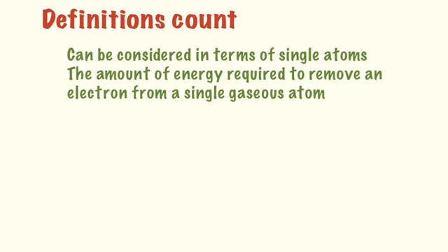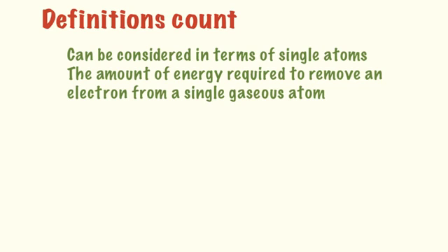One of the questions you might find in paper 2 could be: define the term first ionisation energy. We can consider it in two ways. We can consider it in terms of individual atoms, or as we'll find out, in terms of moles. If we're talking about atoms, we are talking about the amount of energy required to remove an electron from a single gaseous atom.